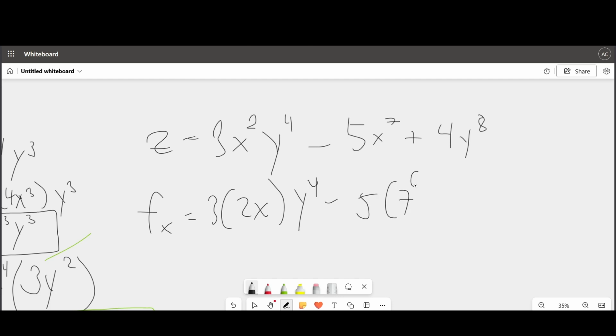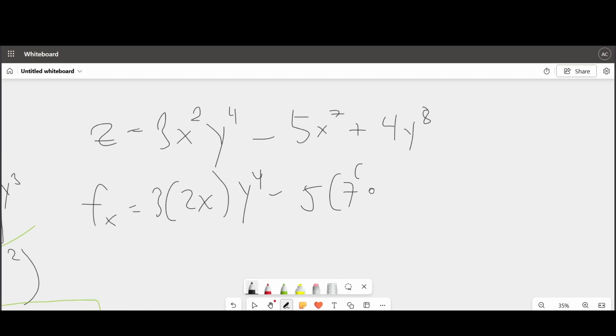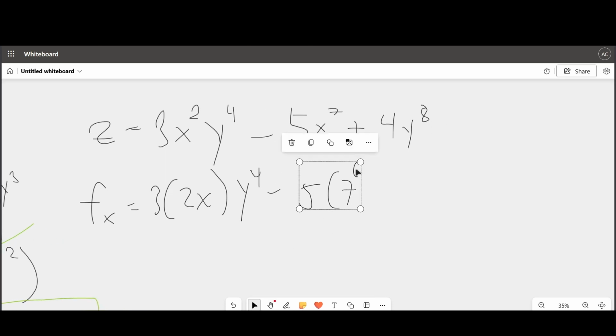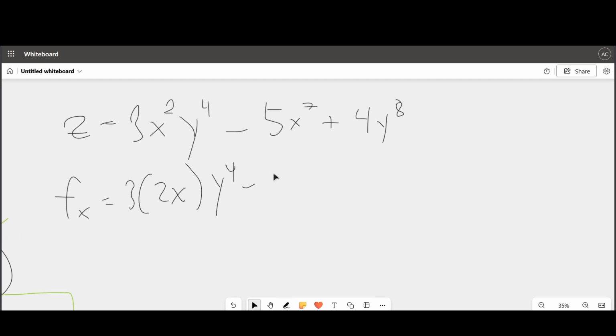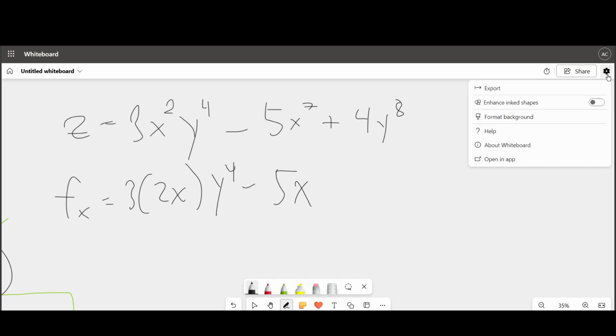Right. Now let's go. First we isolate y. Okay. Now we got 3x cubed, 2x, y to the 4 minus 5, 7, 6. Oh, that's wrong.